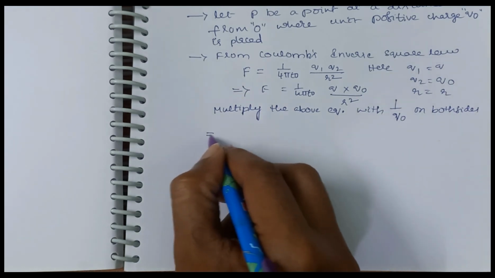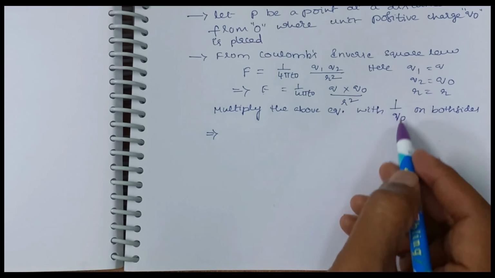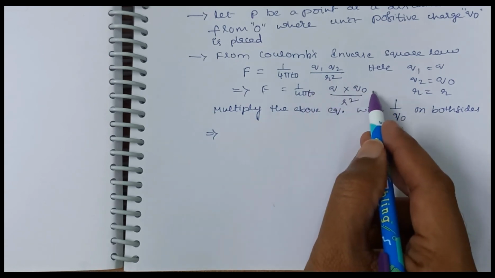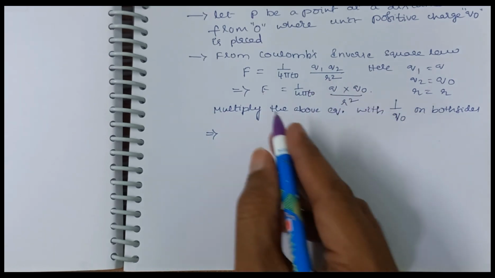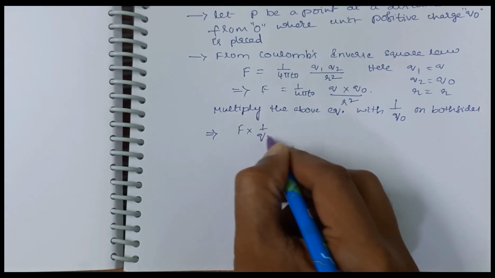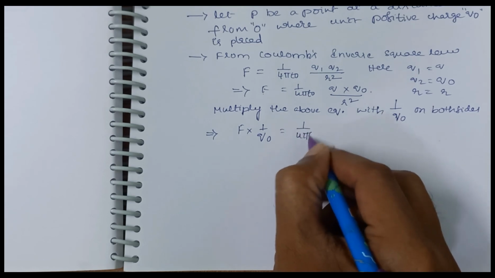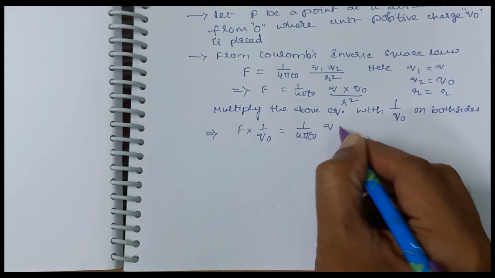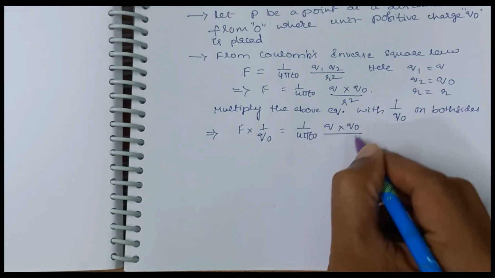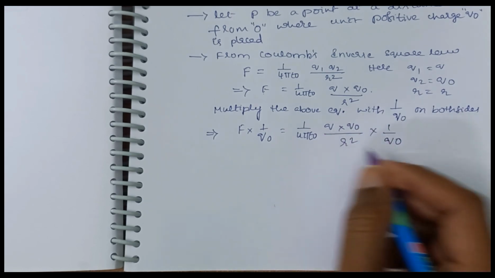So F into 1 by Q naught is equals to 1 by 4 pi epsilon naught Q into Q naught by R square into 1 by Q naught.